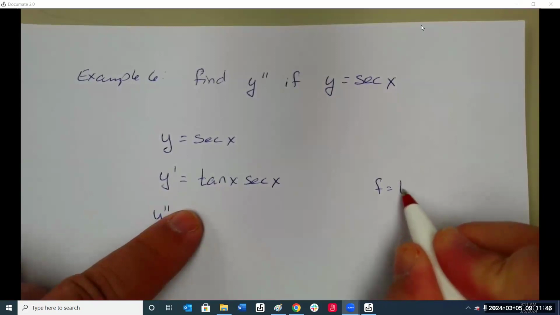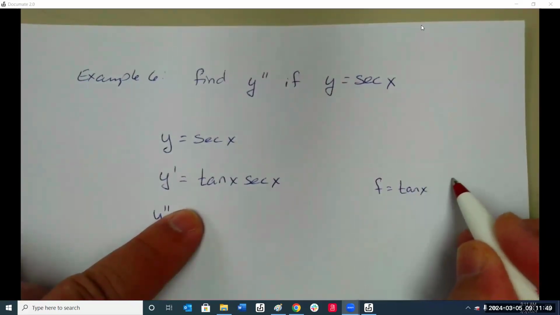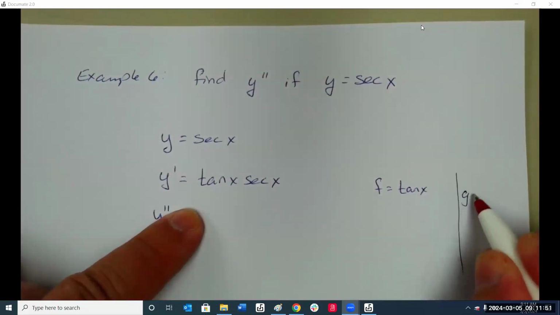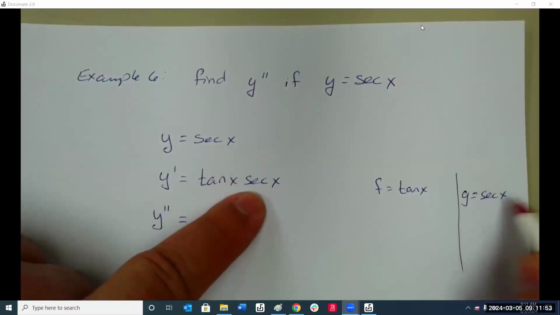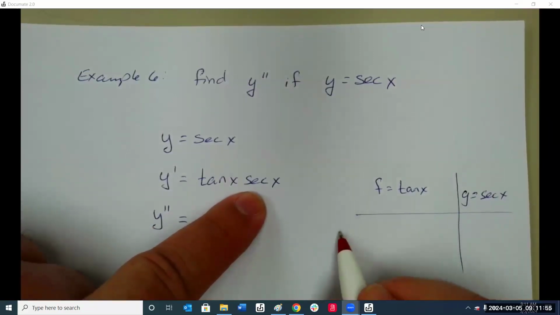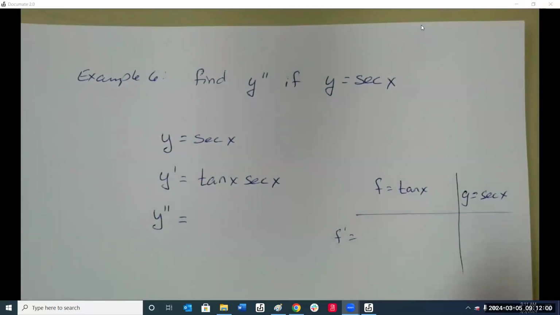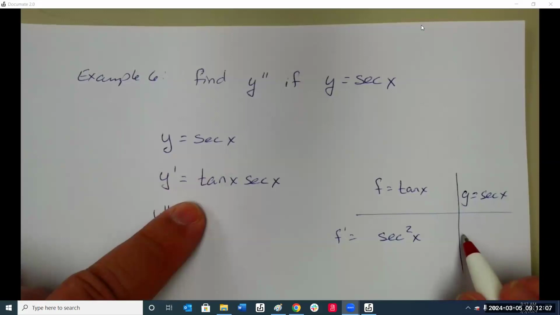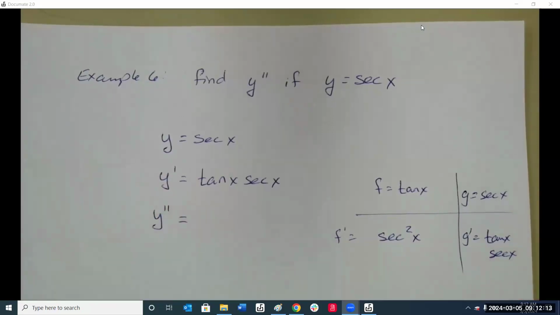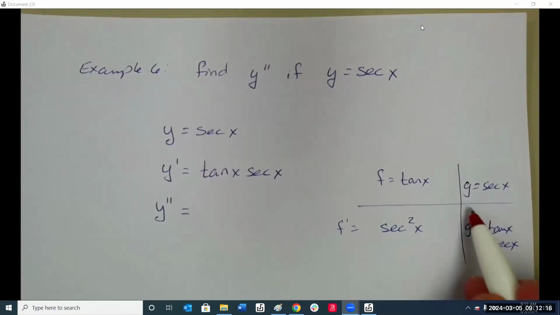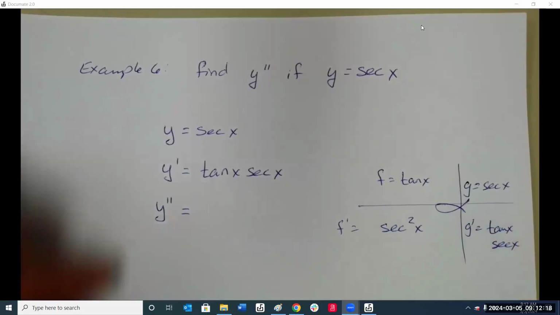The product tangent secant. The first derivative of tangent is what? Secant squared x. The derivative of secant, which we just did, is tangent x secant x. So it's the product of that.